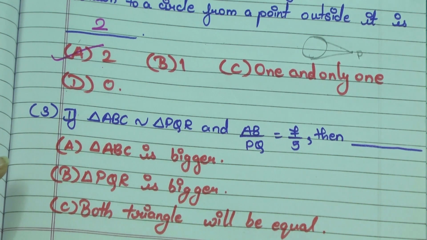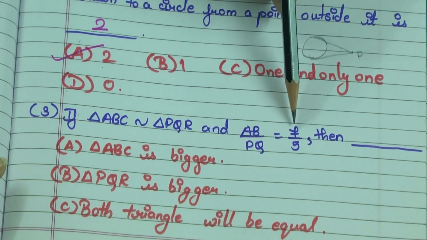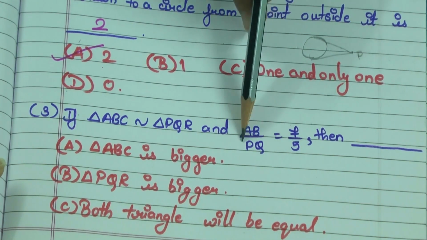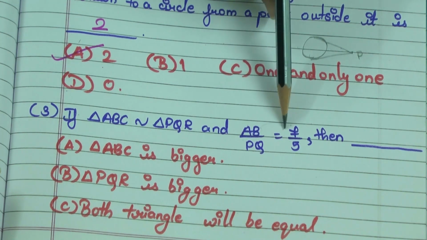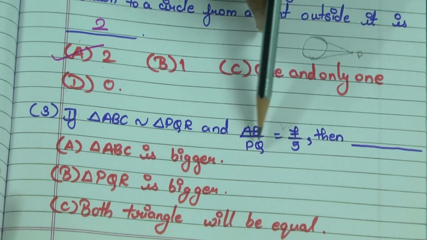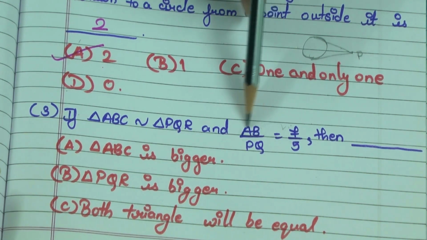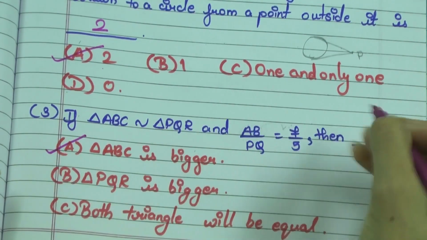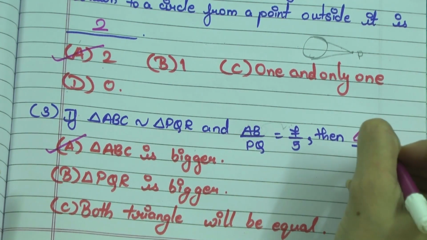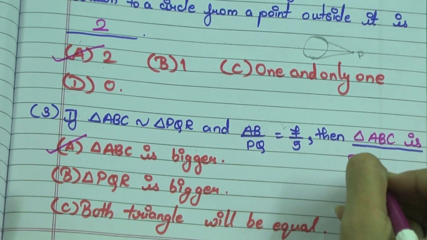If you look at the ratio of the corresponding sides, AB is 7, PQ is 5. So AB contributes 7 and PQ contributes 5. So triangle ABC is the bigger triangle. So option A is the correct option. Triangle ABC is the bigger triangle.